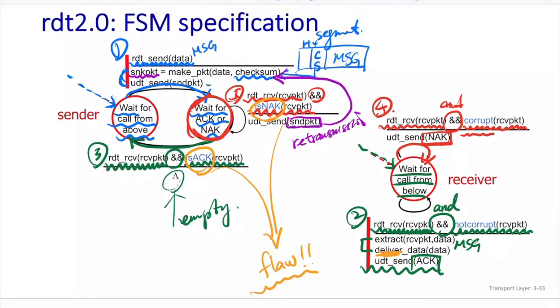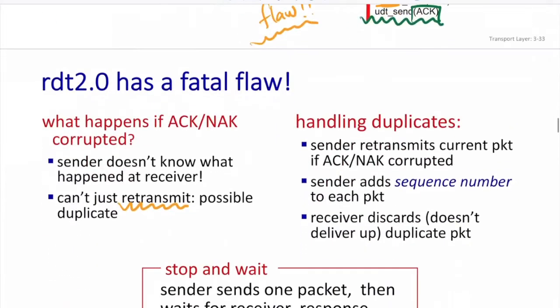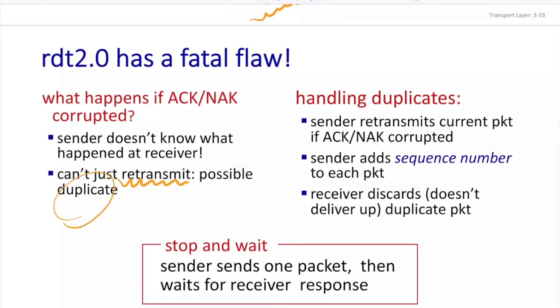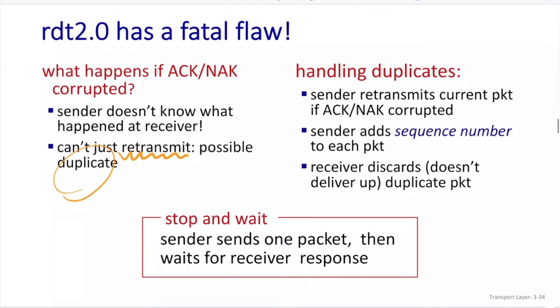The receiver cannot tell whether it is a retransmission or the next packet, but this packet is exactly the same as the previous one. So it is possible for the receiver to receive a duplicated packet, because the receiver has no information about whether the ACK or NAK was successfully received by the sender.